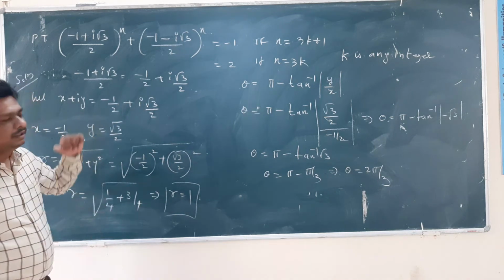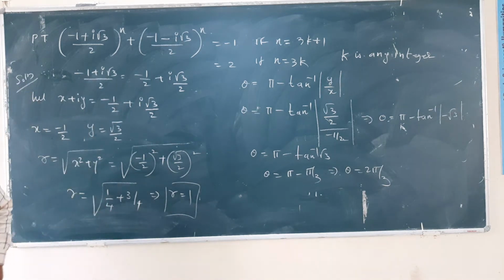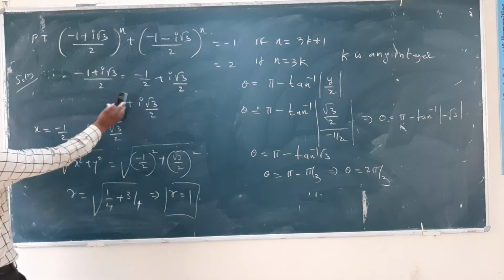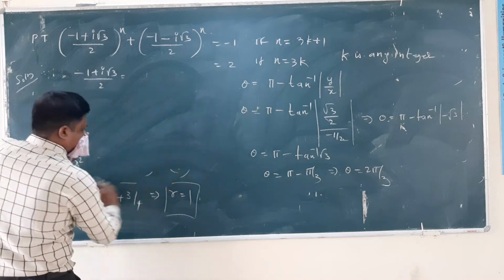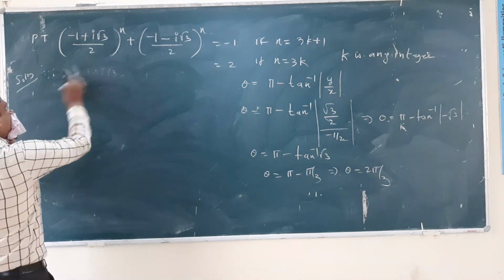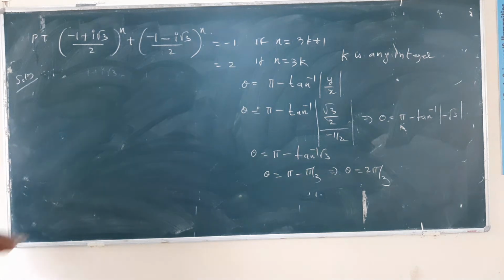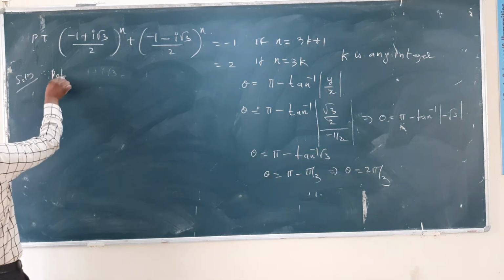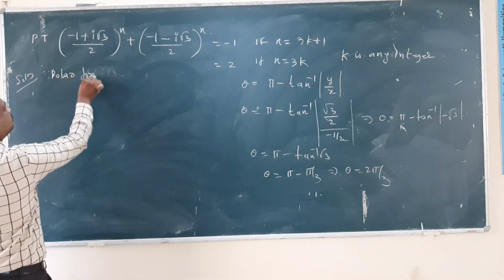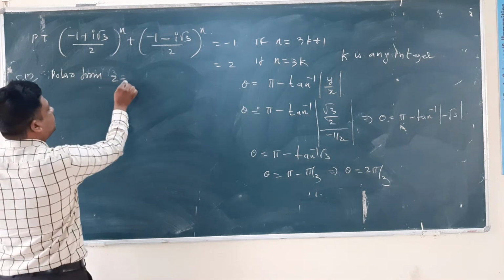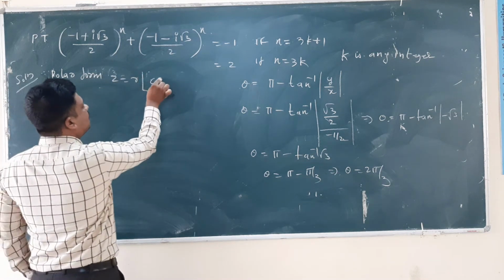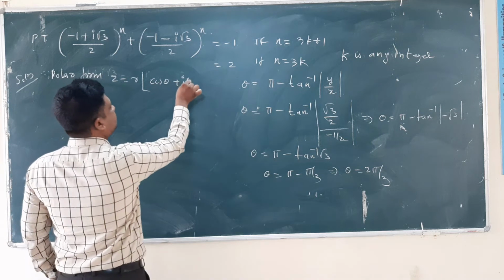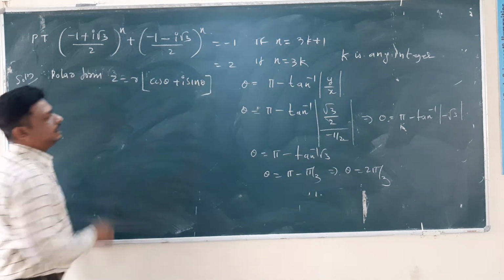So now I will write the polar form. Polar form is given by z is equal to r into (cos theta + i sin theta).